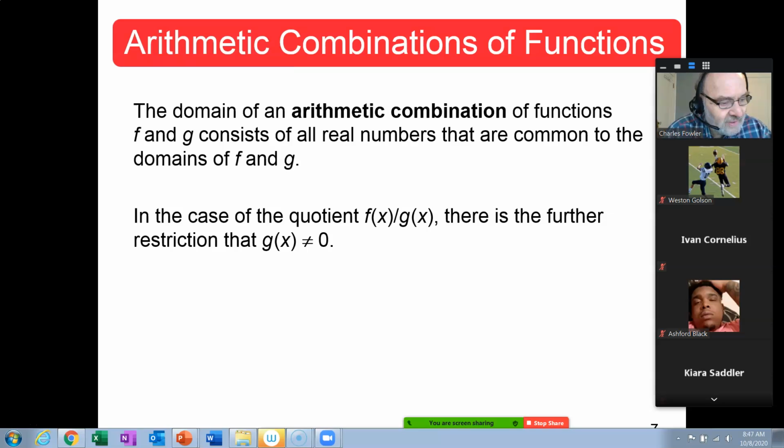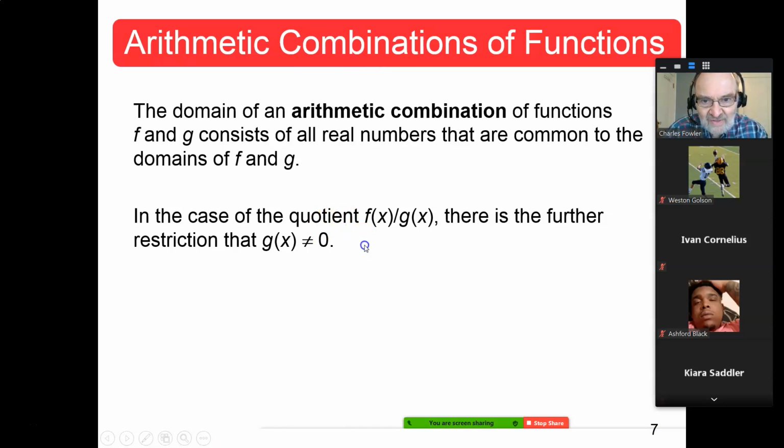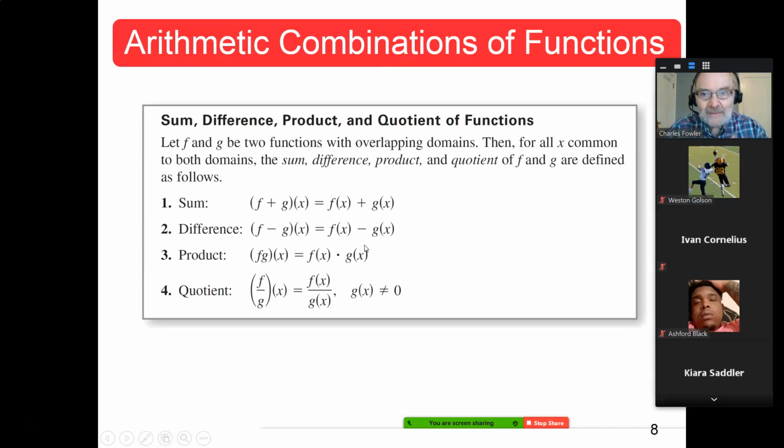Here is your summary of what we're talking about, if I can get the screen to advance. Sum, difference, product, and quotient functions. Let f and g be two functions with overlapping domains. They've got something in common. We can't have those that have nothing in common.